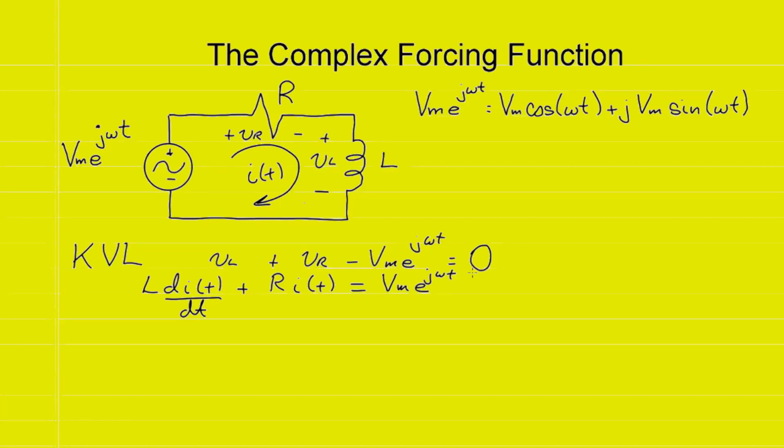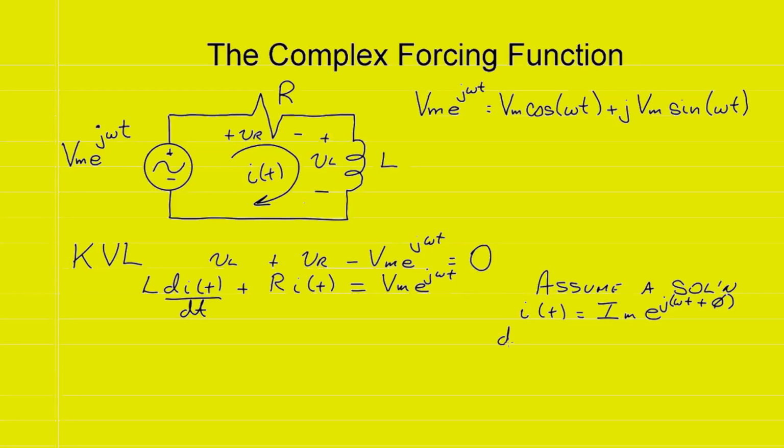Well, this is nothing more than a differential equation, where you can see that the function and its derivative will be proportional to e to the j omega t, so we can assume a solution of the form I of t equal to some magnitude I sub m e to the j omega t plus some unknown phase.